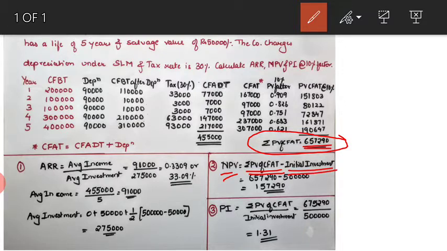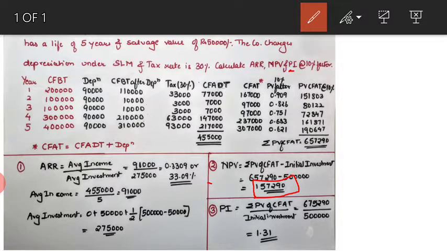The summation is 6,57,290, so 6,57,290 minus 5 lakh gives you 1,57,290. So your NPV for this particular project is 1,57,290, which is positive.